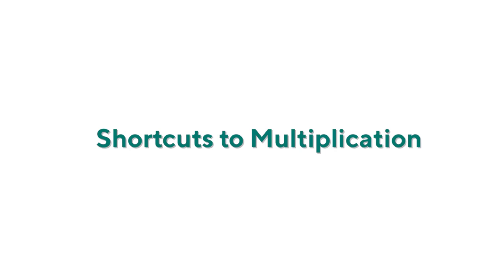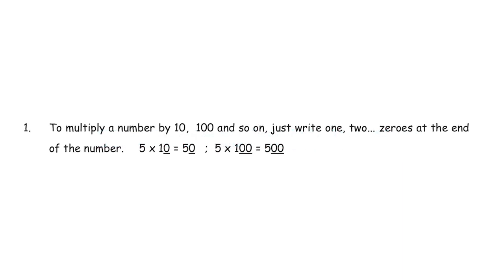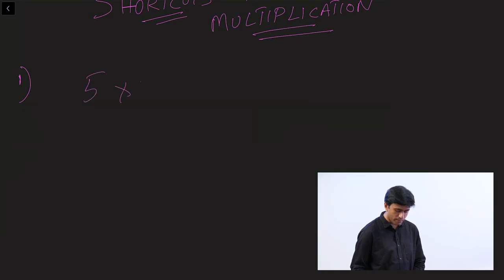Now let's learn a few shortcuts to multiplication. This will help you solve some of the questions really fast. The first one is to multiply a number by 10, 100 and so on. You just have to write 1, 2 zeros at the end of the number. Let me give you an example. 5 into 10 is 50.